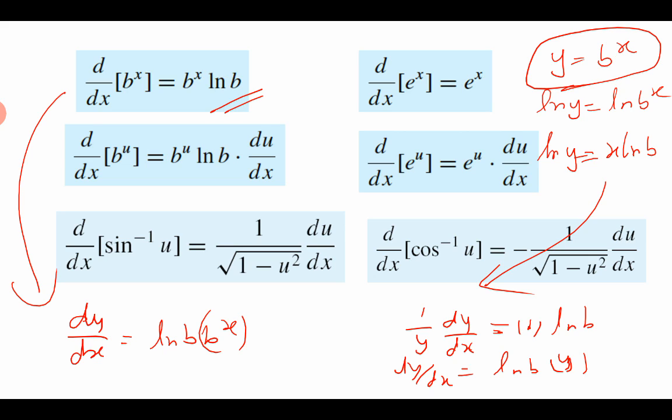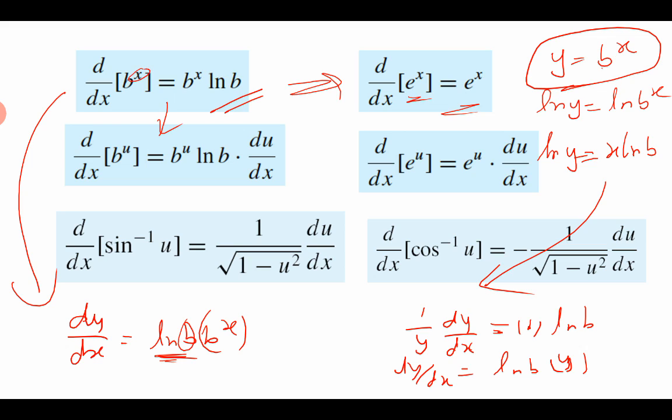If b is replaced by e, ln e will be 1, so you will get e power x directly. Now the same formula can be extended here.